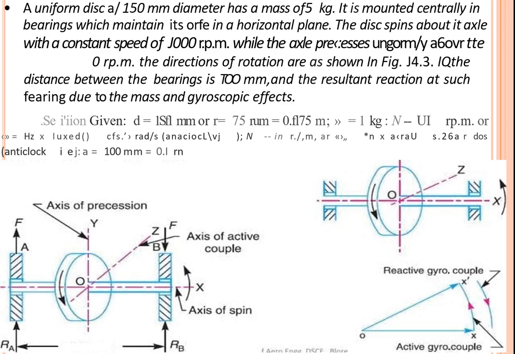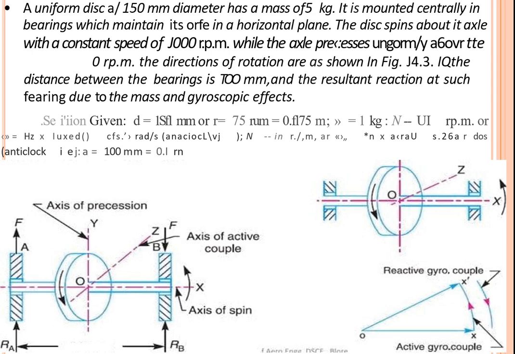The disk spins about its axle with a constant speed of 1000 rpm, while the axis precesses uniformly at a velocity of 100 rpm. The distance between the bearings is 100 mm. We find the resultant reaction at the bearings due to the mass and the gyroscopic effect.